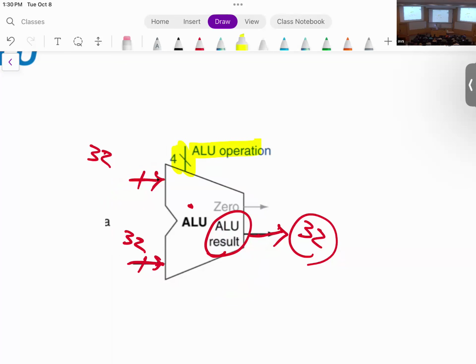The reason that we are doing 4 is that, assuming you want to extend it to all the instructions that we learned in this class, you would need 4. So we're assuming that you can support many different ALU operations. That's why it's 4-bit. But technically, for these 10 different instructions, you could have arbitrary operations and would need fewer bits.